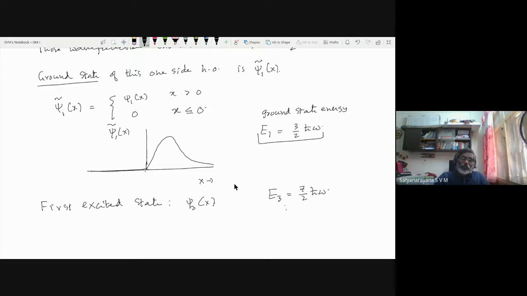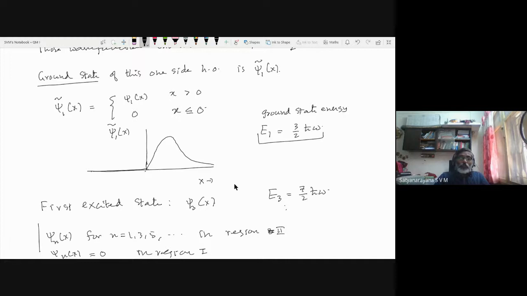So for this psi n of x, for n equal to 1, 3, 5, etc., in region 2, psi n of x is equal to 0 in region 1. Okay, so region 2, region 1.